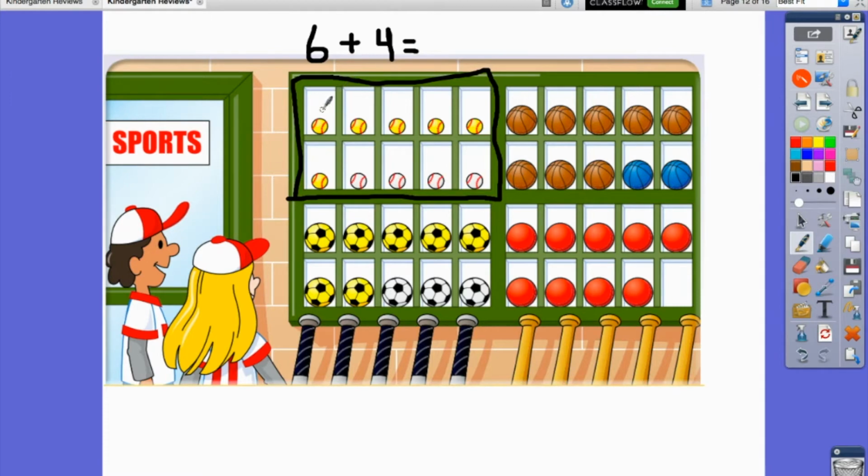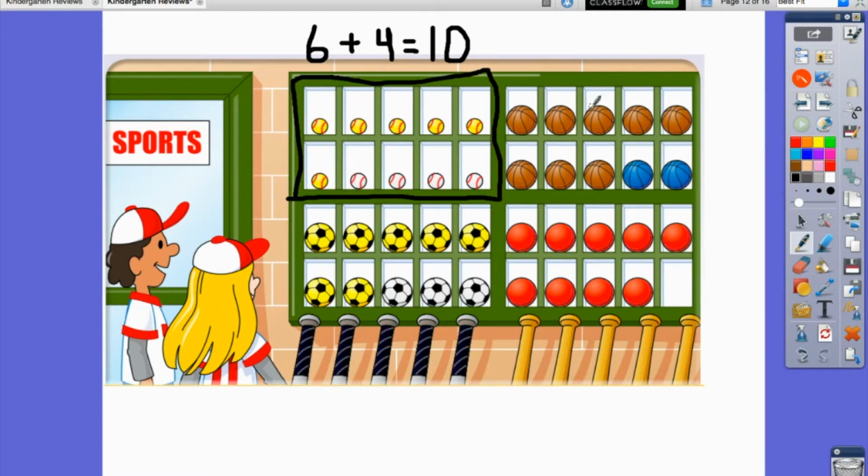Let's count. 1, 2, 3, 4, 5, 6, 7, 8, 9, 10. Remember, anytime that our 10 frame is filled in all the way, that means there are 10 things in the 10 frame. So our number partners for 10 in our first example are 6 and 4. 6 yellow balls and 4 white balls equals 10.